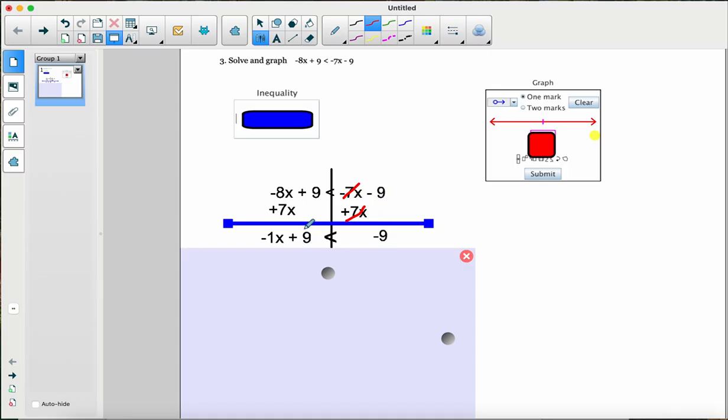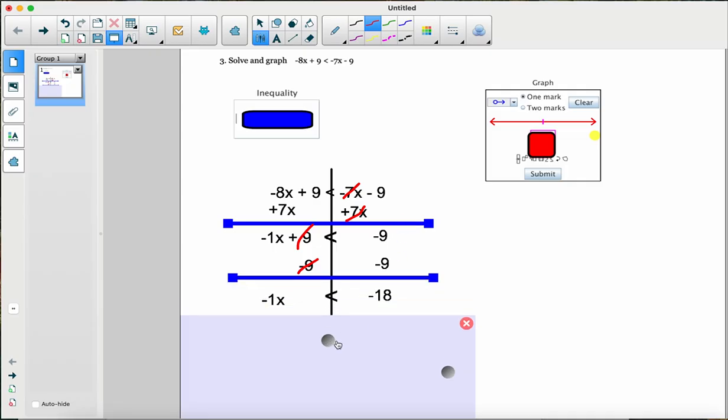Next, we want to move this 9 over to the right-hand side. So again, we're going to add this opposite. So the opposite of 9 is negative 9. So we add negative 9 to both sides. Again, notice what happens. So this 9 cancels out with this negative 9. So we are then left with a negative 1x. We add negative 9, and negative 9 is negative 18. So again, keeping our inequality.